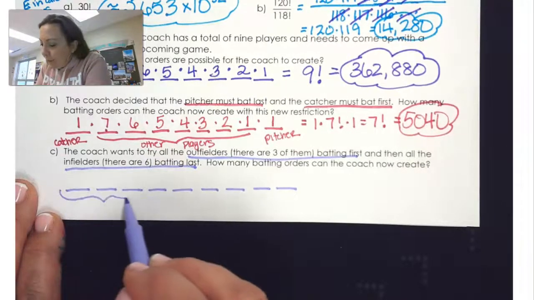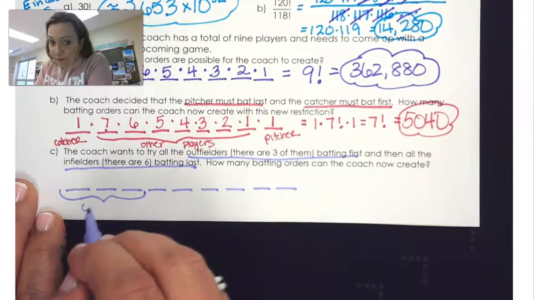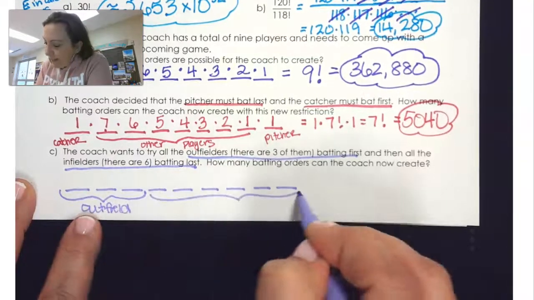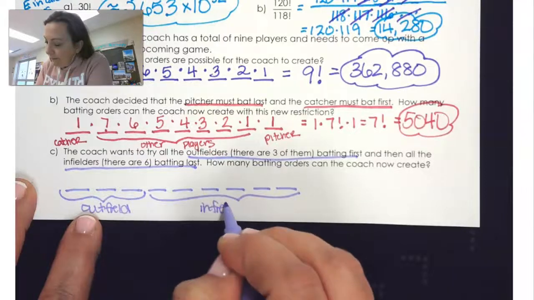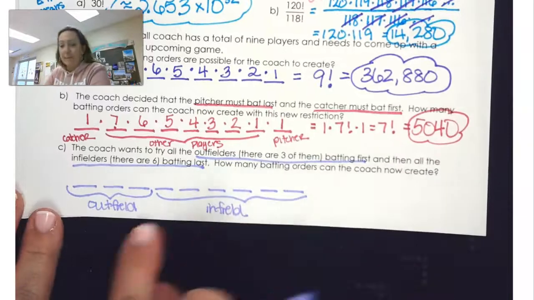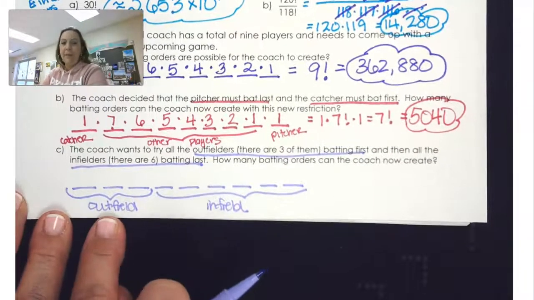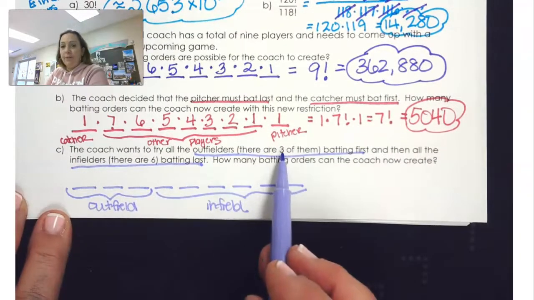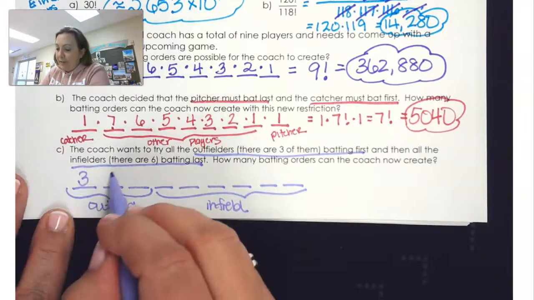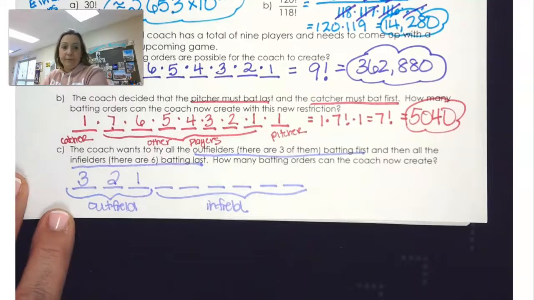But these 3 have to be outfield, and these 6 have to be infield. So let's just look at this piece by piece. Outfield. How many players are there to choose from? 3. So he has 3 options, and then 2, and then 1.